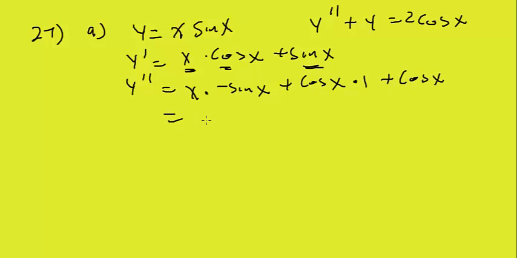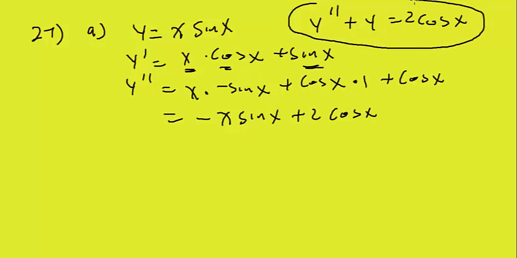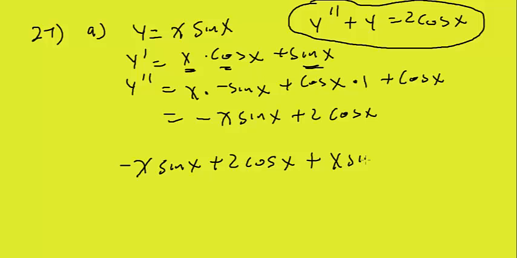Let's clean this up. Negative x sine x plus 2 cosine x. This is known as a differential equation because there's a derivative in there. So let's take that differential equation and plug in everything we need. y double prime is negative x sine x plus 2 cosine x, plus y, which is x sine x, and that has to equal 2 cosine x.